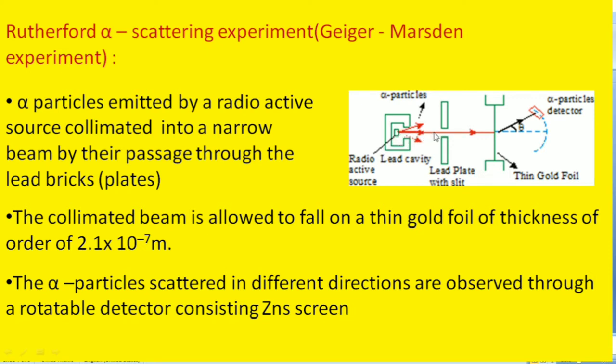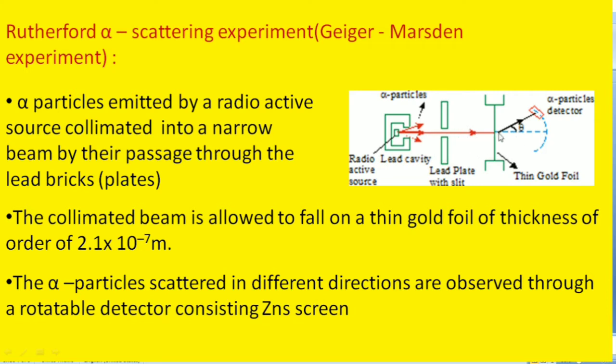These alpha particles are made into a narrow beam by the lead plates, and this narrow beam is allowed to be incident on the gold foil. Whenever these alpha particles are incident on the gold foil, their direction of motion is changed, and that change in direction, or deviation of alpha particles from their original path, is called scattering.